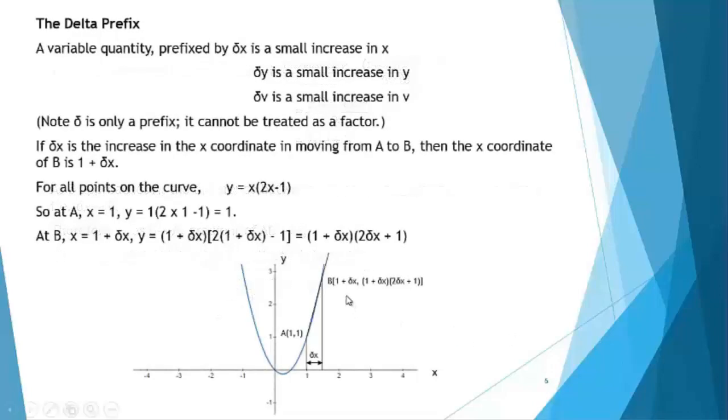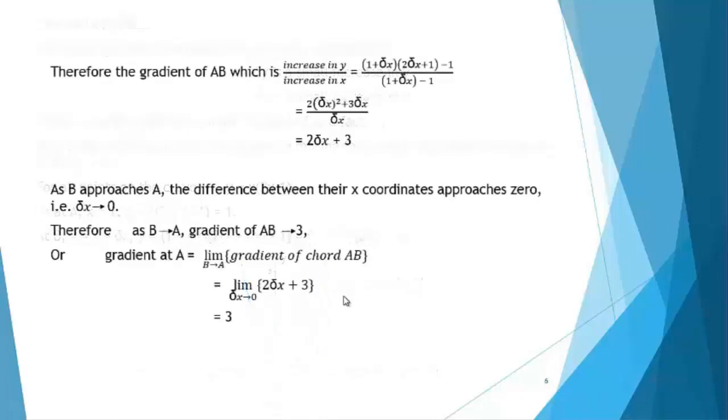And the denominator is the x coordinate of a taken away from the x coordinate of b, which is 1 plus delta x take away 1. By simplifying the expression, we get 2 delta x whole squared plus 3 delta x over delta x. By dividing the top and the bottom by delta x, we get 2 delta x plus 3.